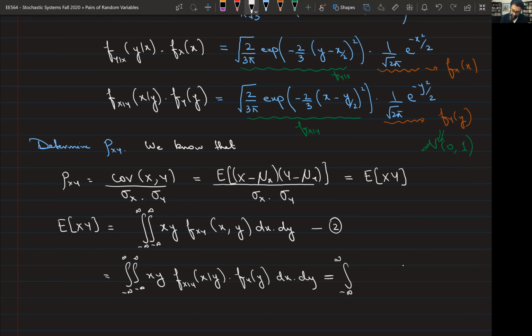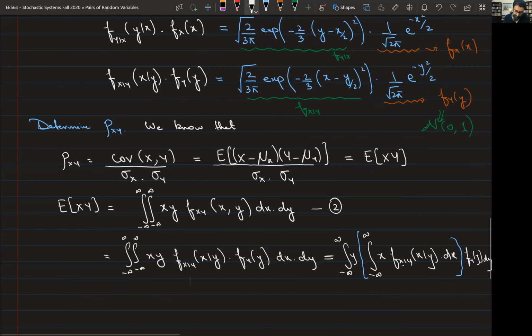I am going to separate out the integral involving x first, and then I have y here, and then fy of y dy. This is the trick I play, and using that trick, things become very easy. This is minus infinity to infinity, and this is y.